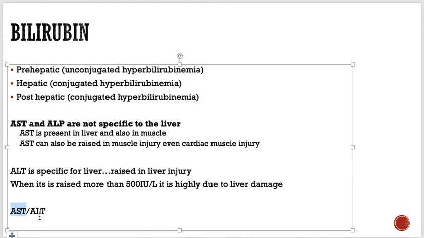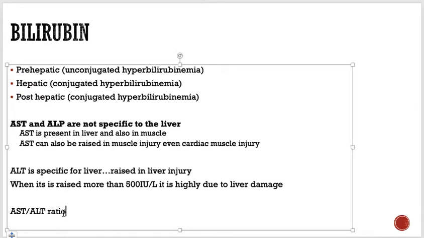But whenever the liver damage is due to other causes, ALT will be raised more than AST. Remember, alcohol is spirit. So in alcoholic causes, AST will be raised more than ALT. That's why some labs give us the AST ALT ratio.